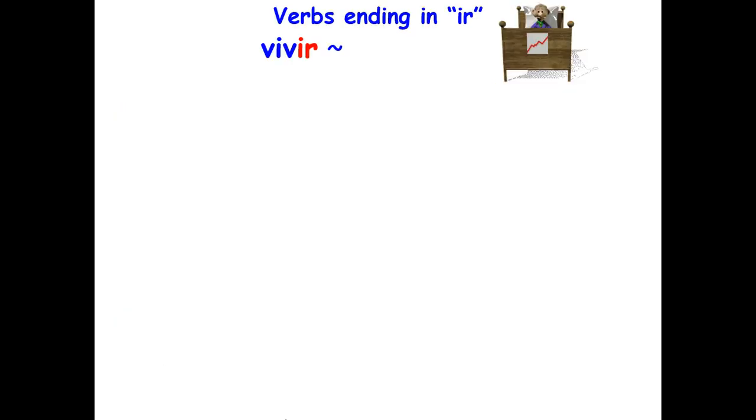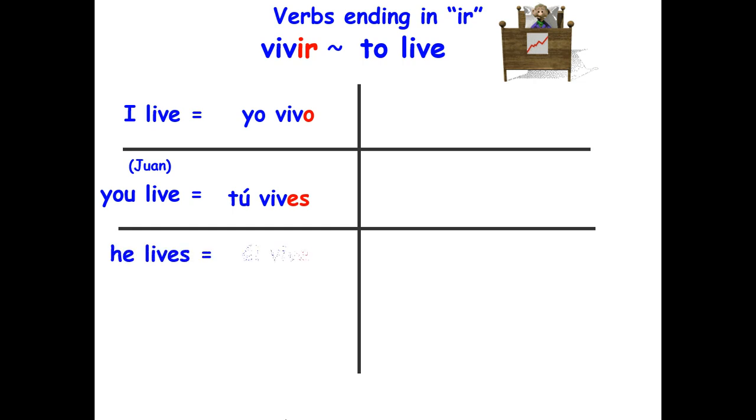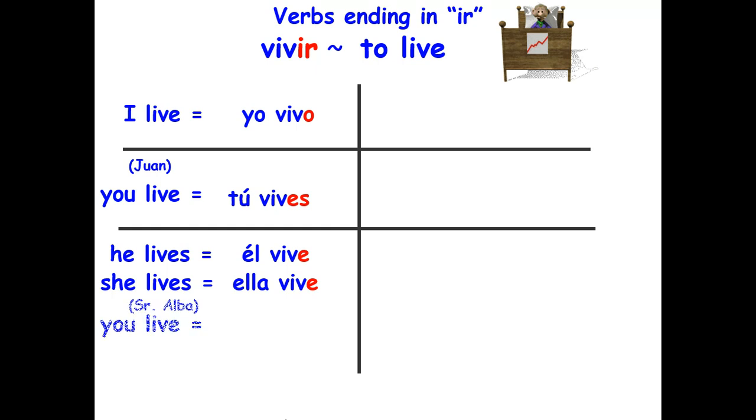Moving on to IR verbs. Vivir, to live. Take off the IR and add O for yo, vivo. You live, tú vives. He lives, él vive. She lives, ella vive. You live, señor, usted vive. It lives, vive.